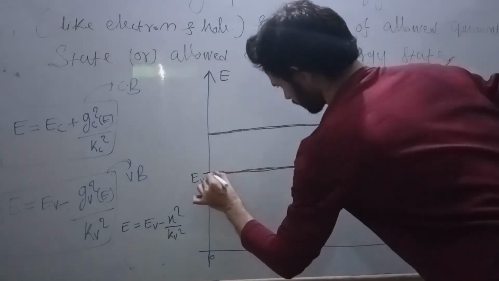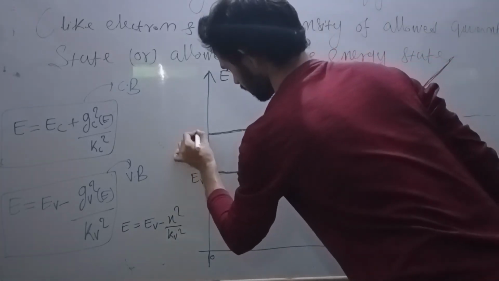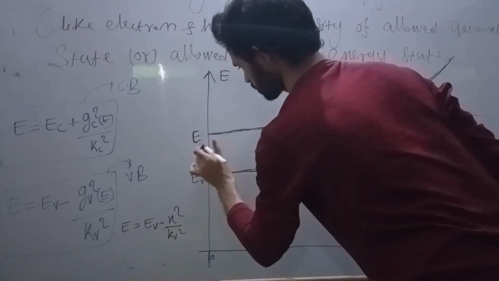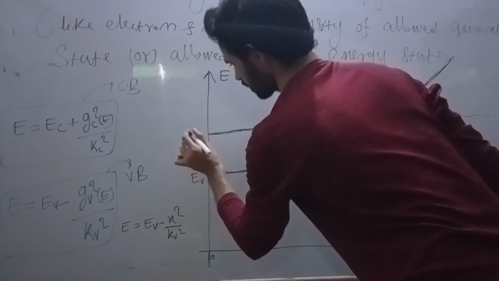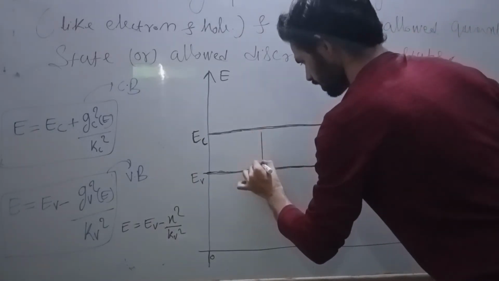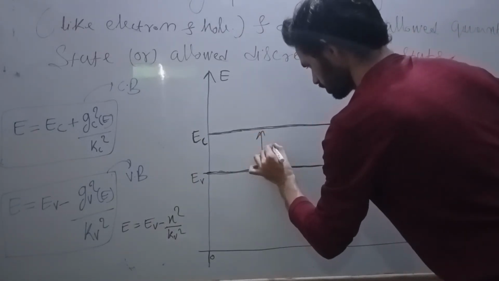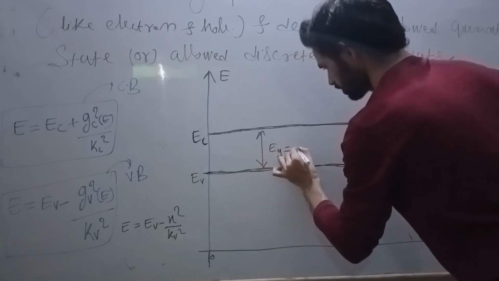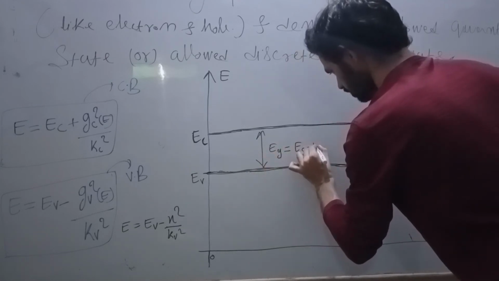See this one. This is for the valence band. Yes, and here when the density of state is zero, then my energy of particle is EC. And this gap is what? EG, which is nothing but EC minus EV.